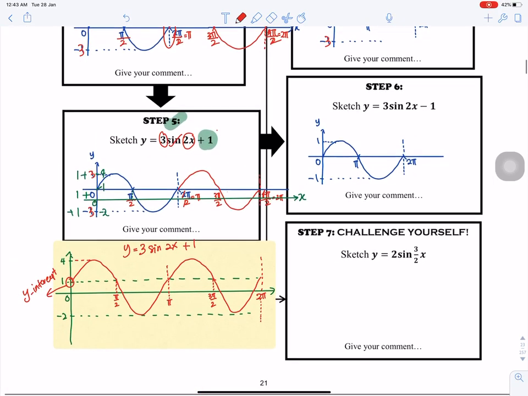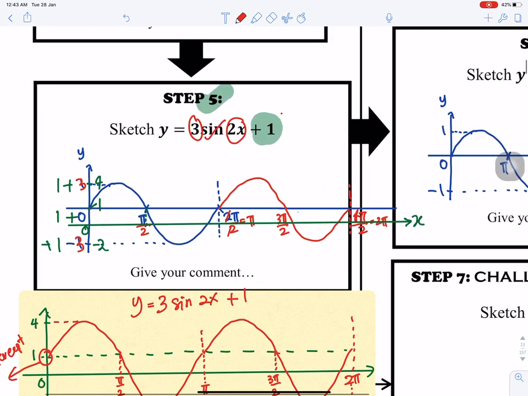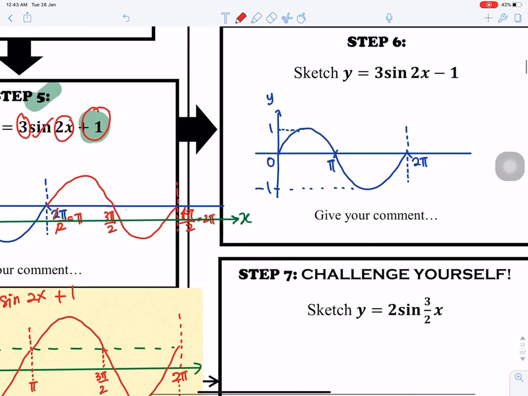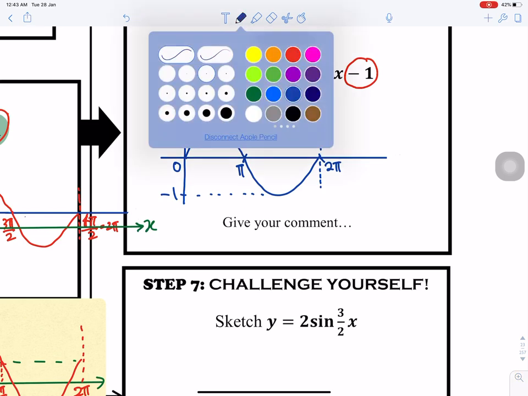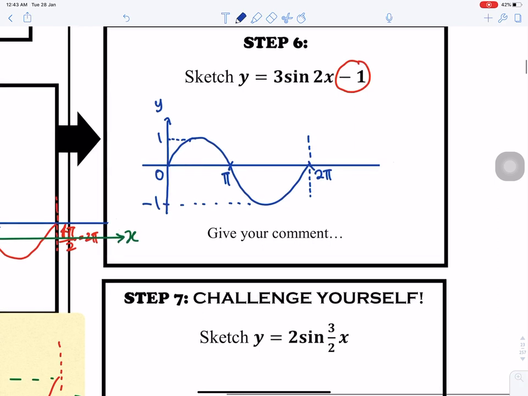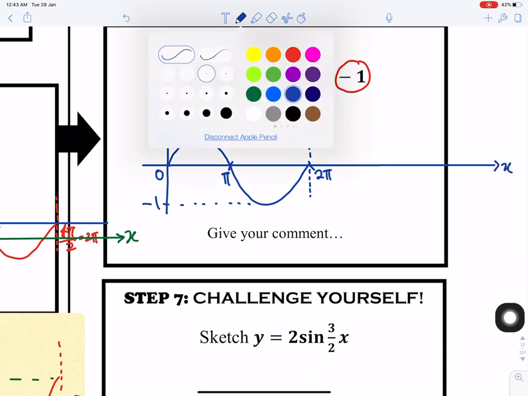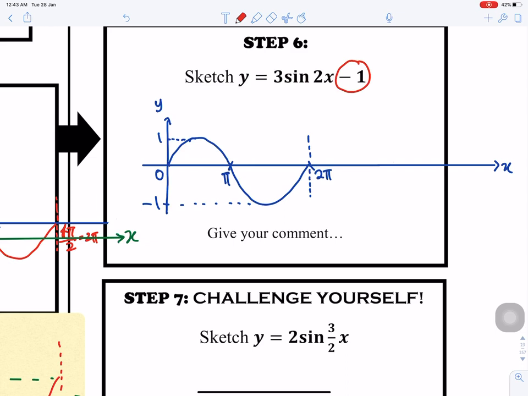For step 5, plus 1, that means all the graph is going up. And now for minus 1, all the graph will go down. Okay, for the x-axis, another 1 complete cycle.